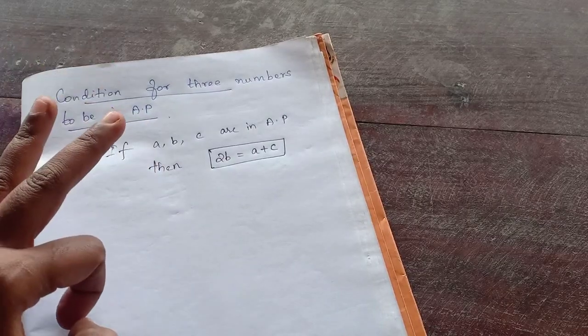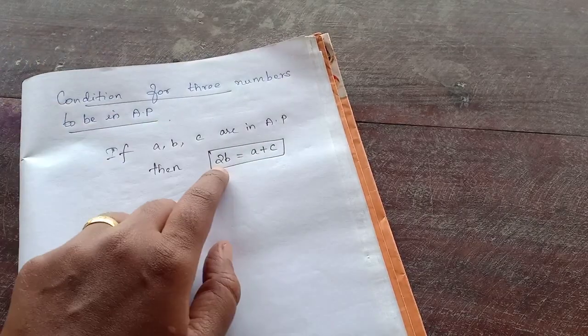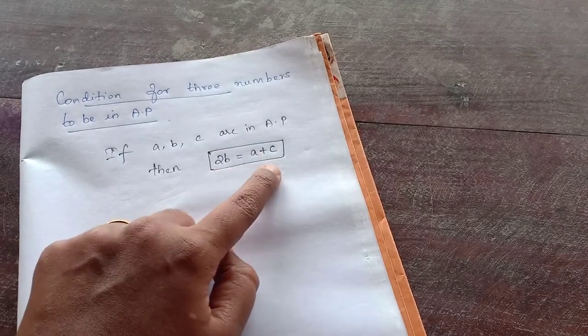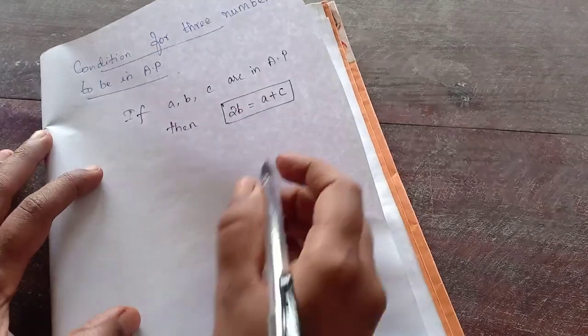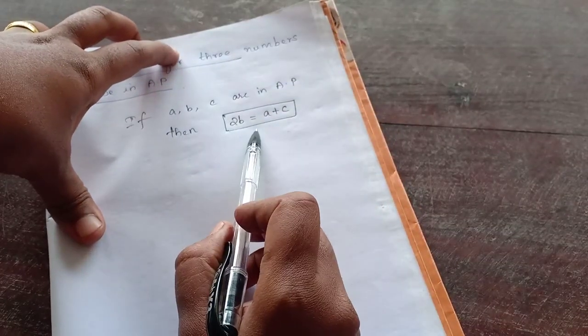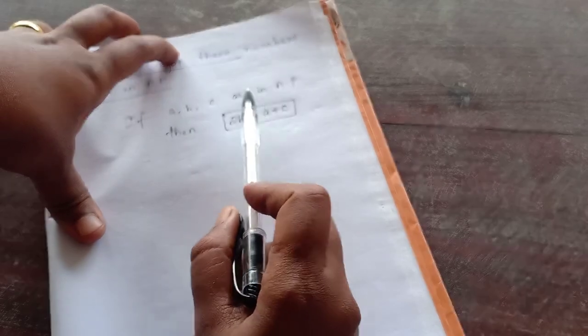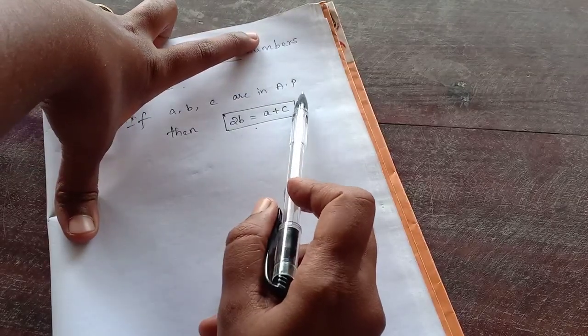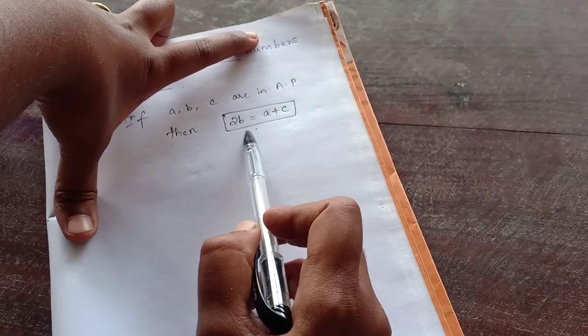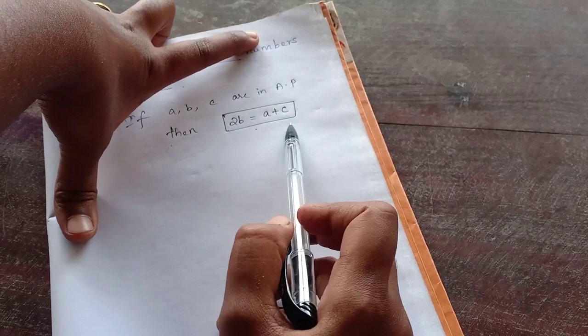Okay, let's prove it. This condition you need to study. If A, B, C are in arithmetic progression, then 2B is equal to A plus C. How did this formula come?